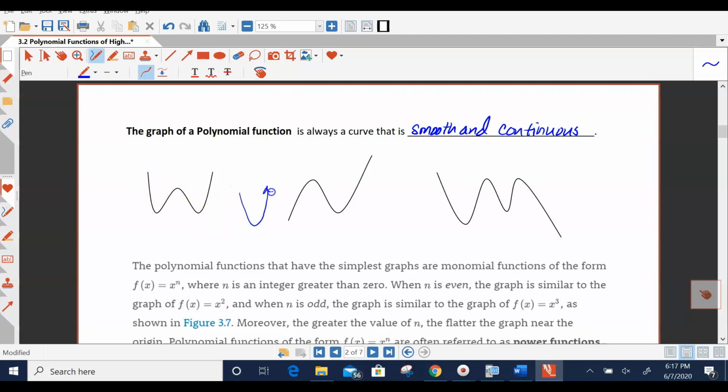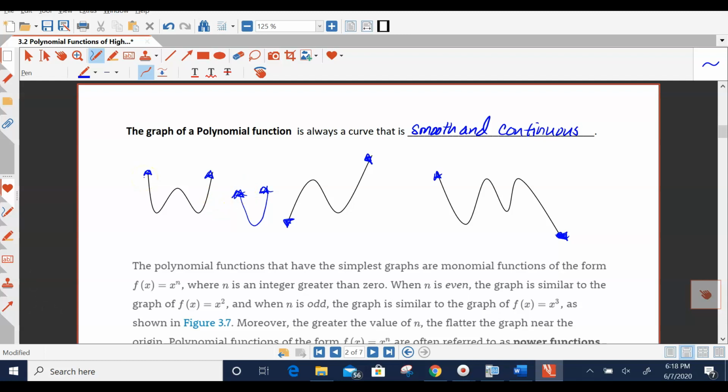Remember, we saw parabolas. We may see several hills and valleys. Noticing the end behavior, in this case, both ends go up. In this case, both ends are going up. Here, the left is going down, the right is going up. Left is going up, right is going down. So we're going to see a theorem that's going to help us determine how those ends behave.